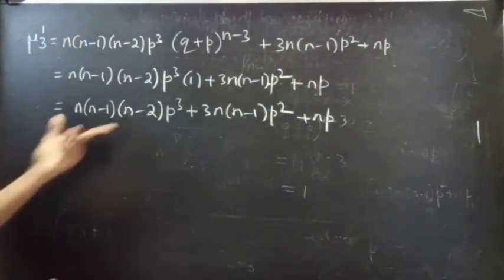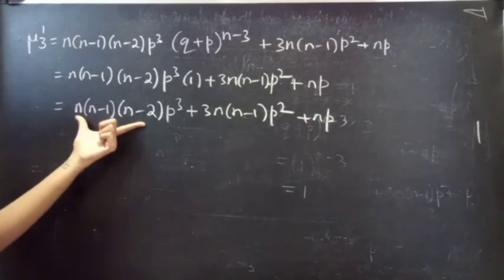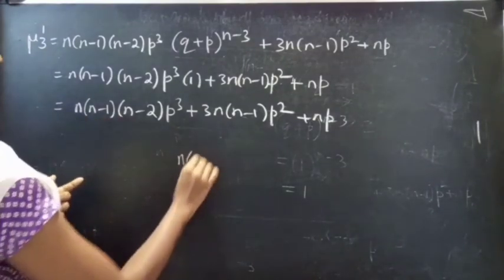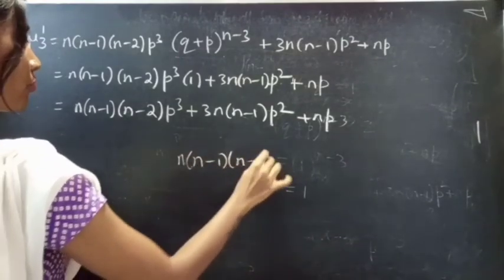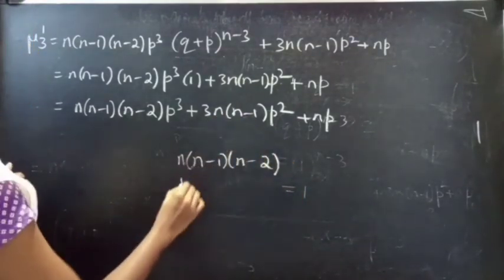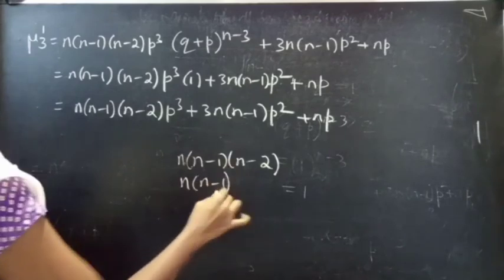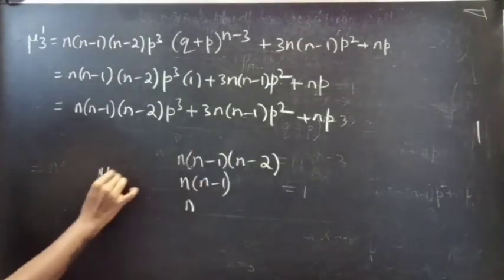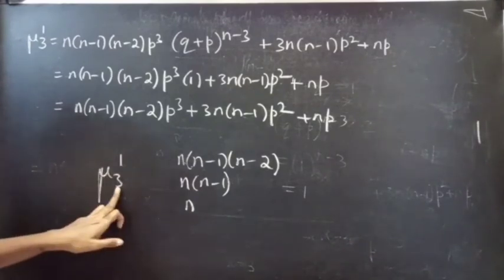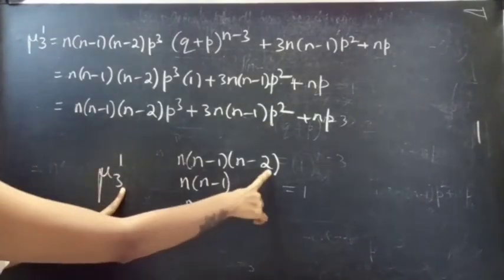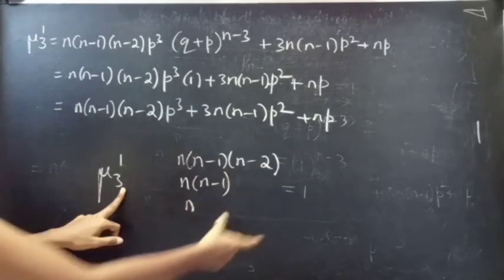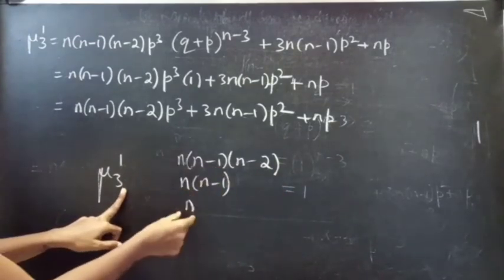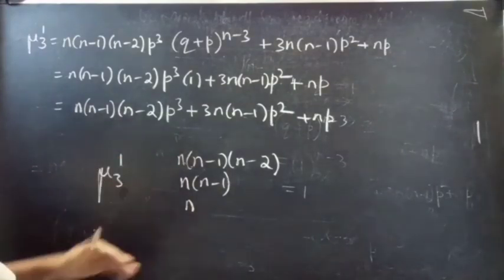Okay, see, in the first term you are having n into n minus 1 into n minus 2. In the second term you have n into n minus 1, and in the third term you have n. Okay, for mu 3 dash, if you have 3, you'll start with 2, and in the next step you'll have only the first 2, and in the next step you have only n. Okay, it keeps reducing.